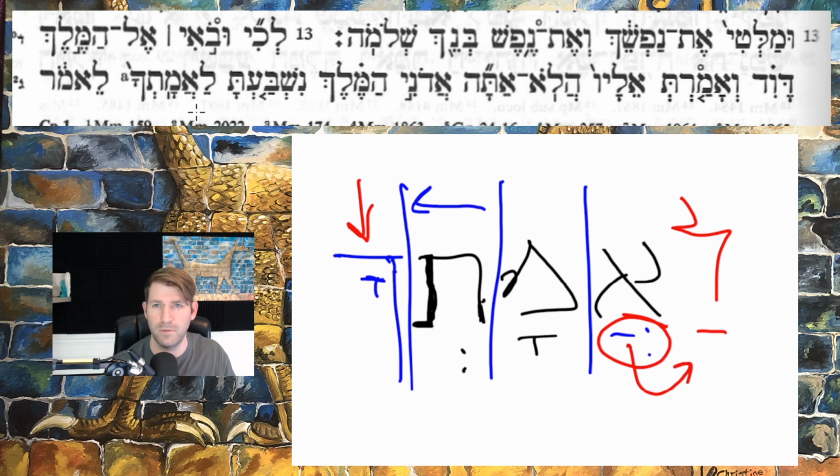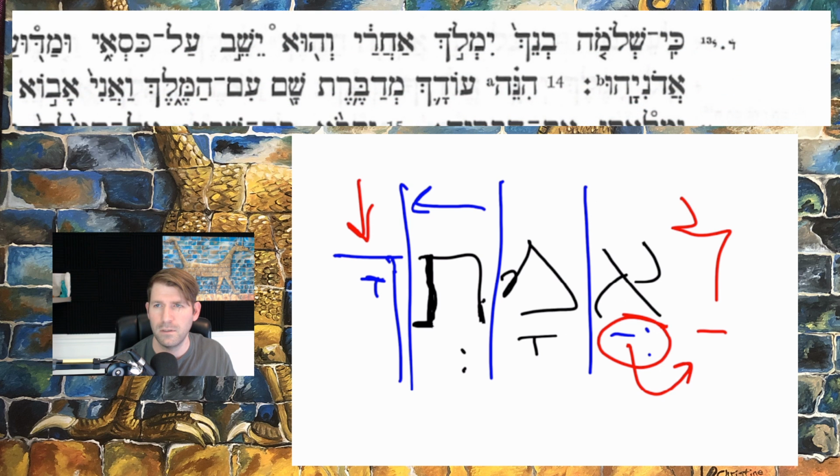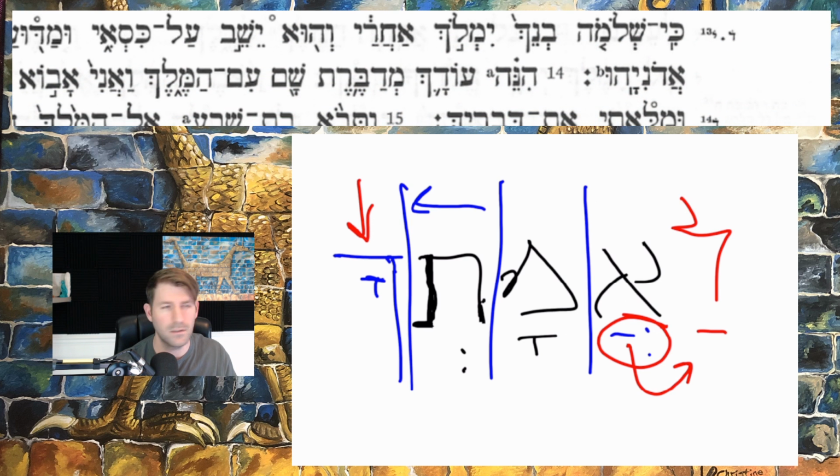So where's our form? There it is, amatcha. So notice that vowel echo. That explains our form. Lemor. So, did you not, my lord the king, swear to your maidservant, saying, lemor.